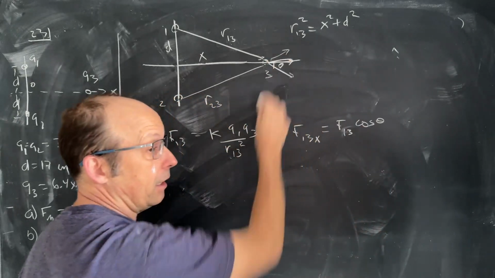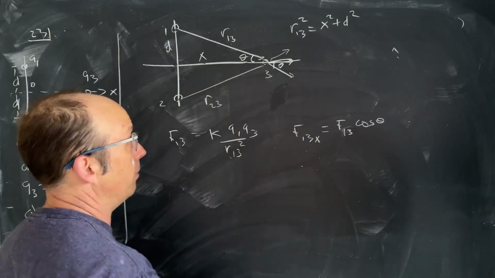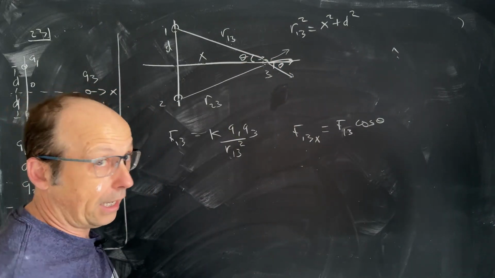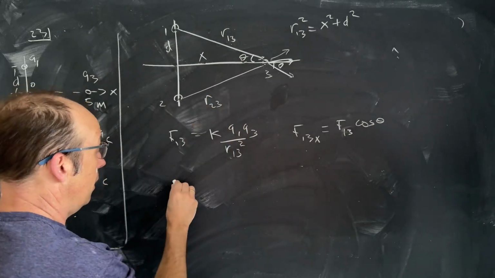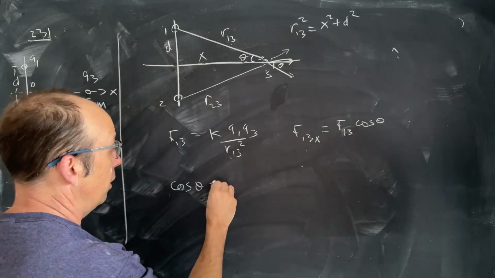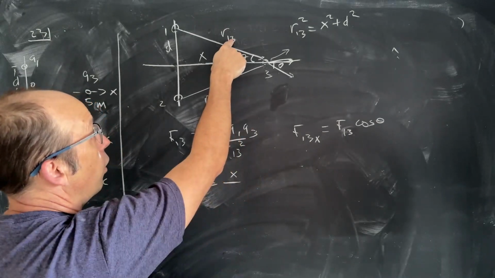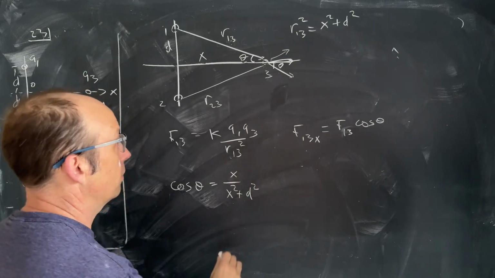Cosine theta gives me the component in the x direction. But what is that theta? Well, it's the same as that angle right there, and I could find that. But let's just go ahead and say cosine of theta is adjacent over hypotenuse. So it's going to be x over R13, which is x over the square root of x squared plus d squared.